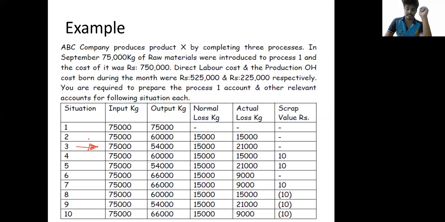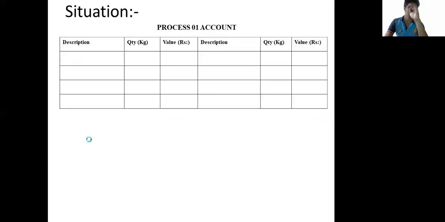Here first let's record the basic things. All the other things look like the earlier one. Here we are going to record situation number 3. Direct material 75,000 kilograms, value of that is 750,000 rupees.